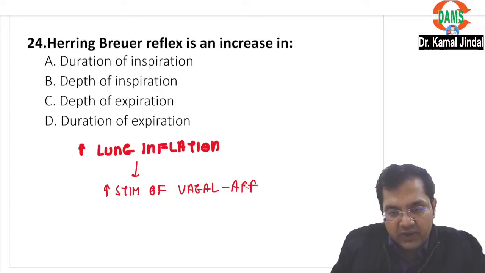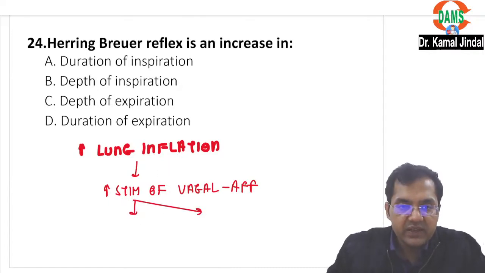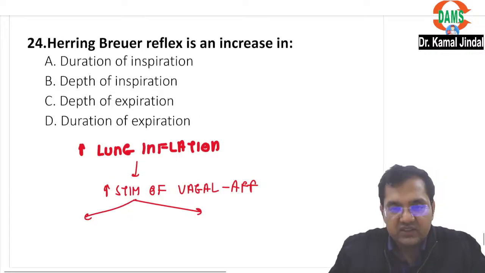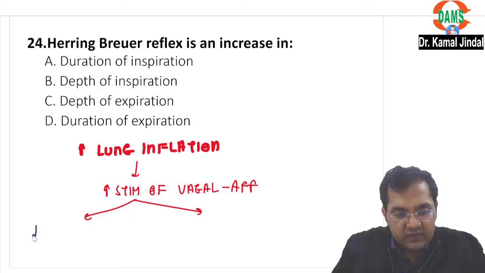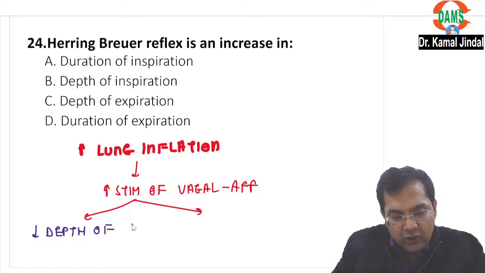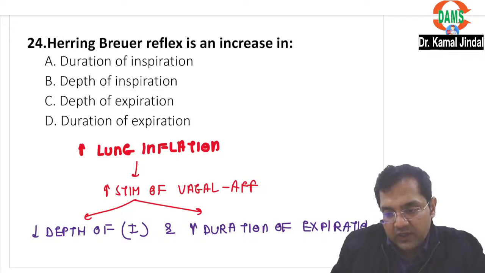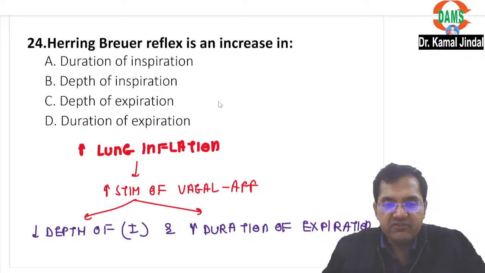Once the vagal afferent fibers are stimulated, you already know what they will do to your depth of inspiration. I think you can recap for me. I've just drawn the figure earlier. So this causes a decrease in depth of inspiration and an increase in duration of expiration. This is popularly called the Hering-Breuer inflation reflex, right?